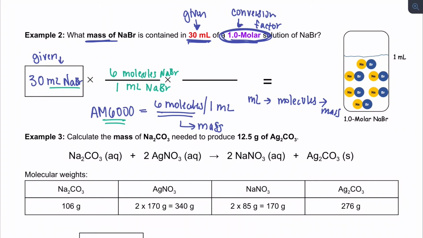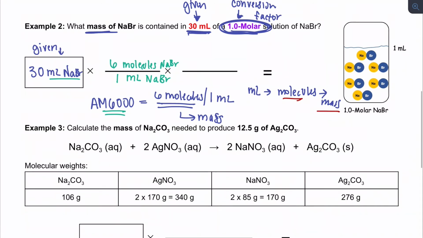The last conversion factor takes us from molecules to mass. And in molecules to mass, we again are going to use the AM6000 concept, where 1 molecular weight per 6,000 molecules. So that means we need to calculate the molecular weight of sodium bromide. And we do that by adding the two together.